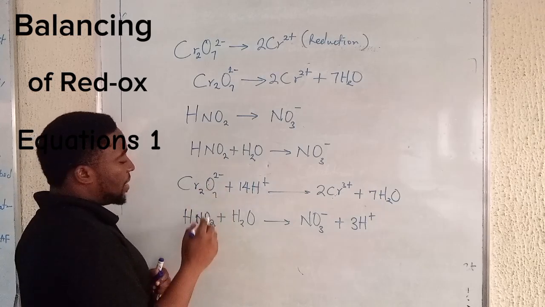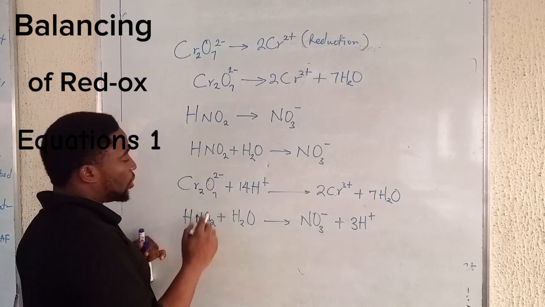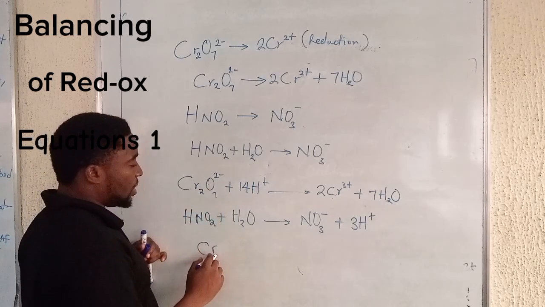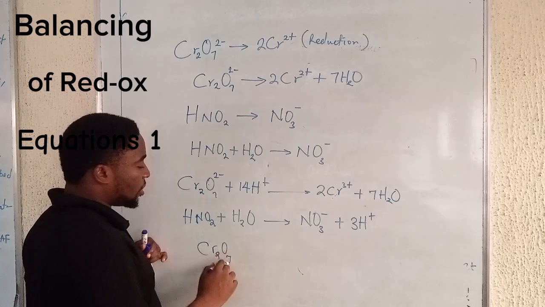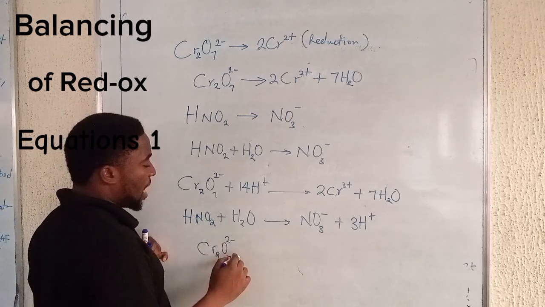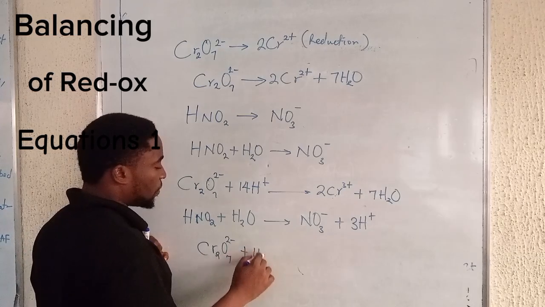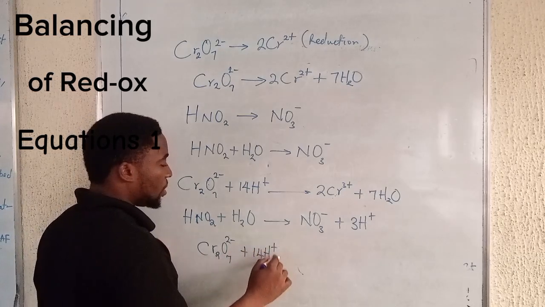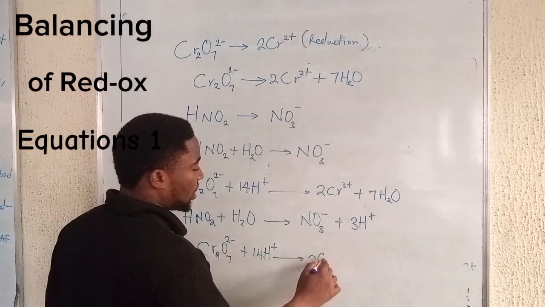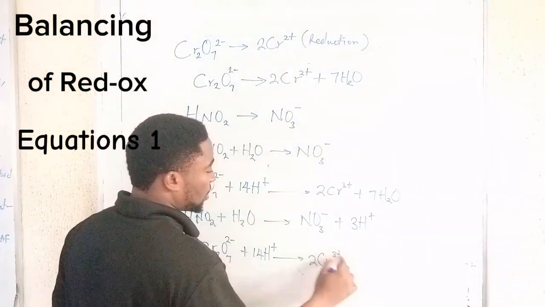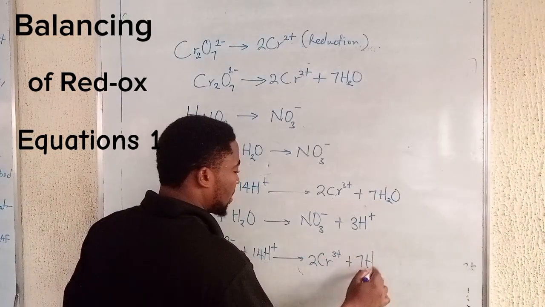Now here in the reduction half equation we have Cr2O7 2 minus plus 14H plus to give 2Cr3 plus and 7 moles of water.